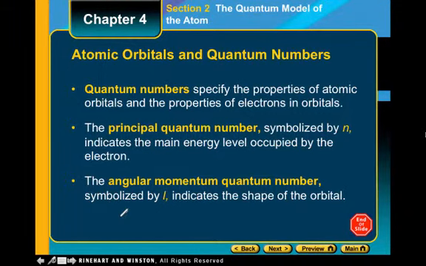An L value is always from 0. L will equal 0 to n minus 1. So let's say if n equals 1, what would L equal?